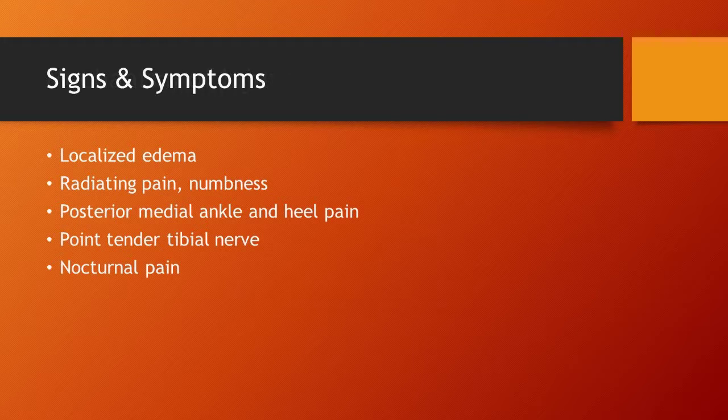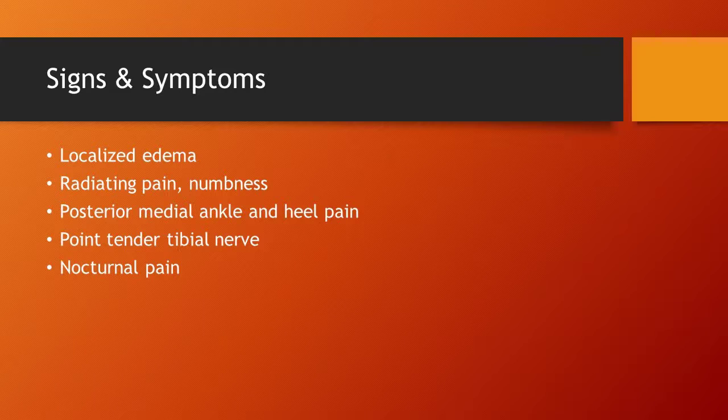Signs and symptoms. Generally speaking, because it is a nerve type injury, there's going to be numbness, paresthesia, and burning, all at the medial malleolus, but that will also radiate to the sole, the heel, and even up the leg. If a person is running and they have a lot of ankle dorsiflexion, it oftentimes can make it worse.